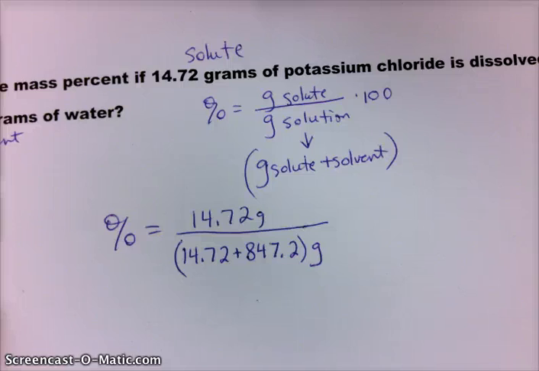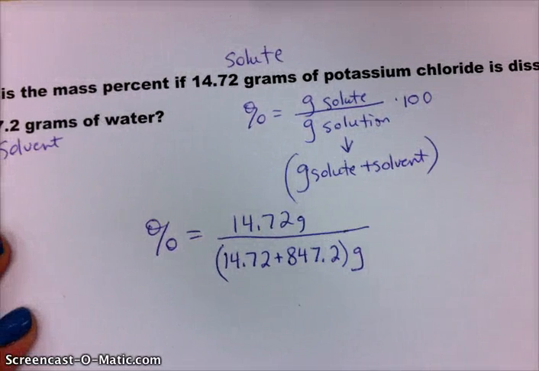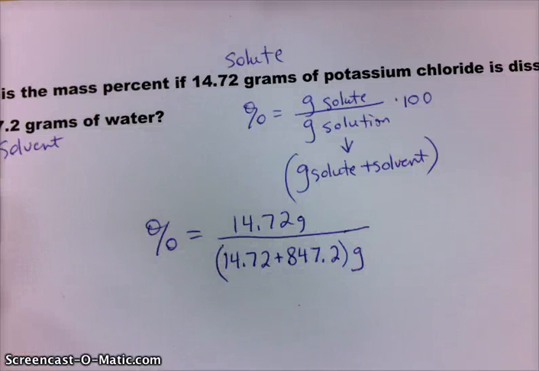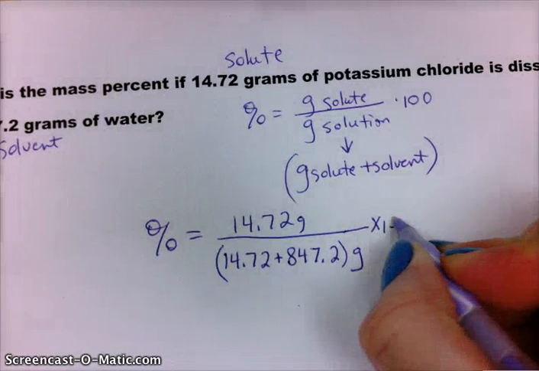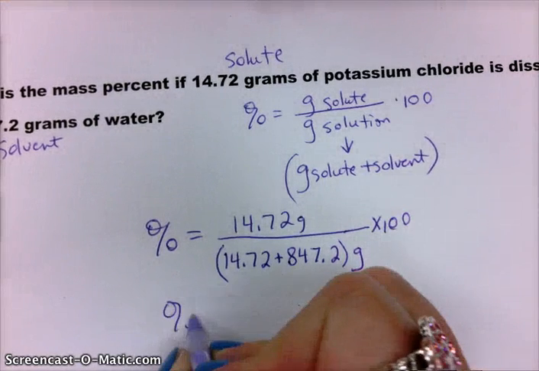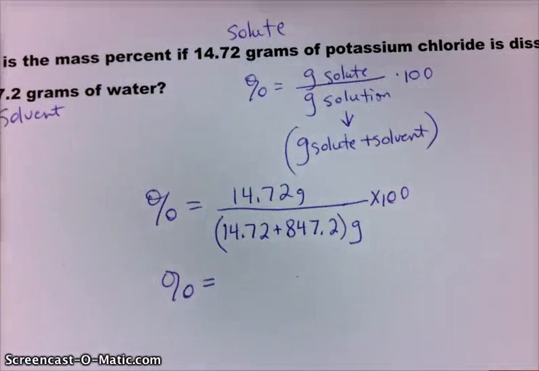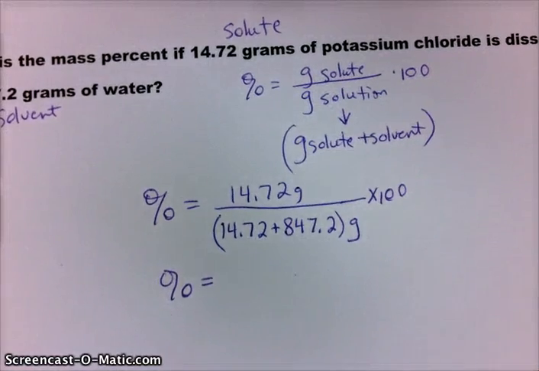So those need to be added together. Again, our solution is solute plus solvent because those are both together in the container making up the solution. And then, of course, we need to multiply by 100. So let's get our calculator and solve for this percentage.